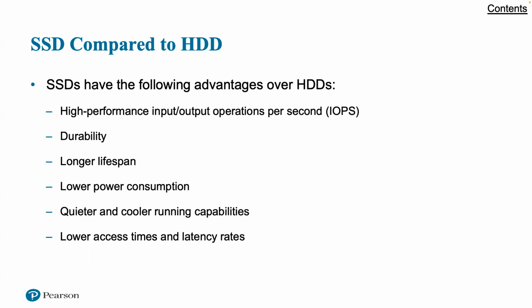The term solid state refers to electronic circuitry built with semiconductors. An SSD is a memory device made with solid state components that can be used as a replacement to a hard disk drive. The SSDs now on the market and coming online use NAND flash memory, which is described in chapter 5.